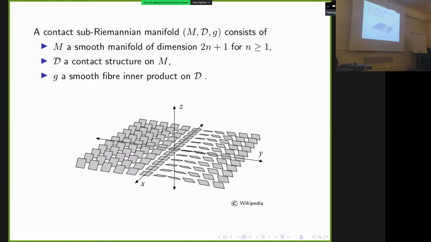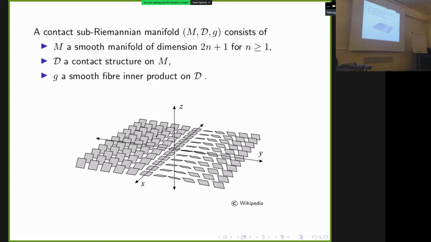Basically, if you take a manifold of dimension 3, then your contact structure is a field of planes on your three-dimensional manifold, and they're set up in a way that they are completely non-integrable, which you can think of as: if you start at some point, you can travel along those planes so that you end up at any point in your three-dimensional space.